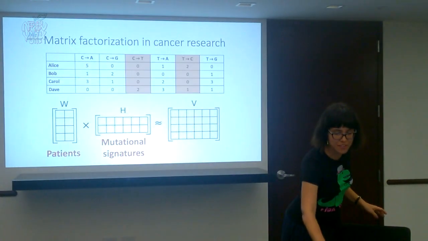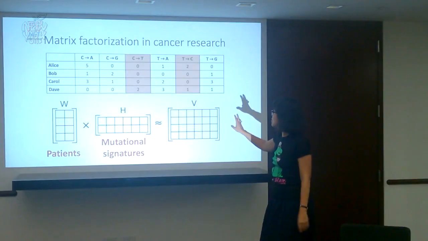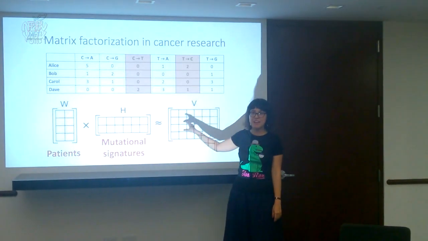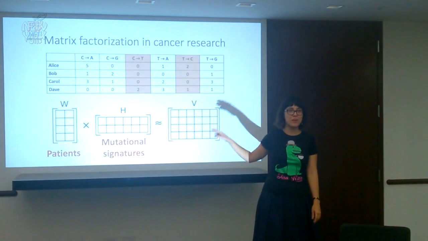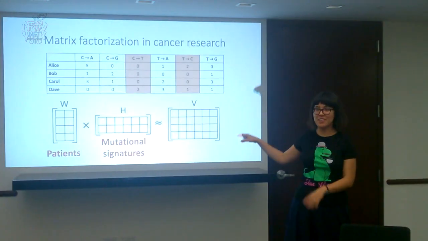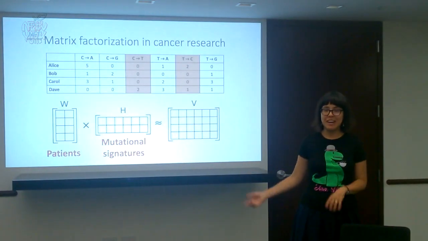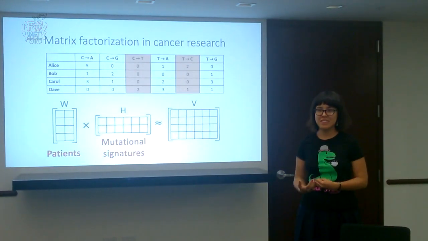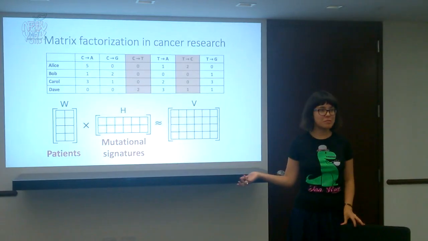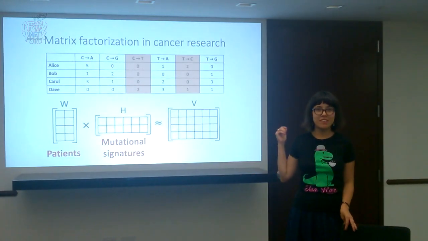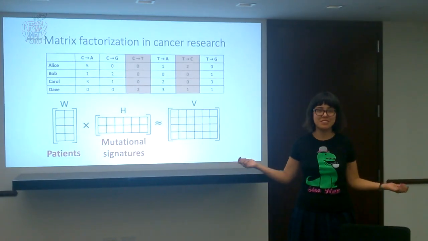For example, substitution of C to T and vice versa is very typical in smokers. So this is correlated with environmental damage. And we don't really know why this happens. This is part of the research that was published actually 2 years ago, and the research is still ongoing.